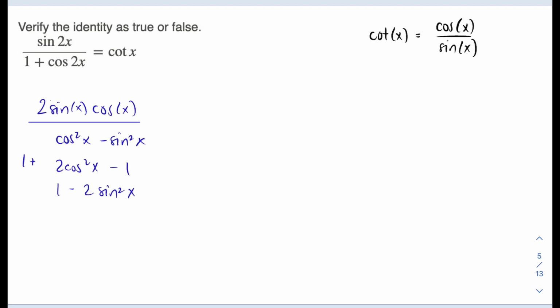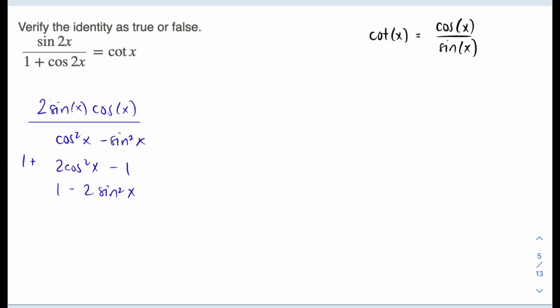So when I look at these, I'm playing them out in my head. If I go this path, nothing happens. I don't get anything to cancel or add, no like terms that can be combined, and I can't even factor it because it's 3 terms. When I look at this path, I do have some like terms.